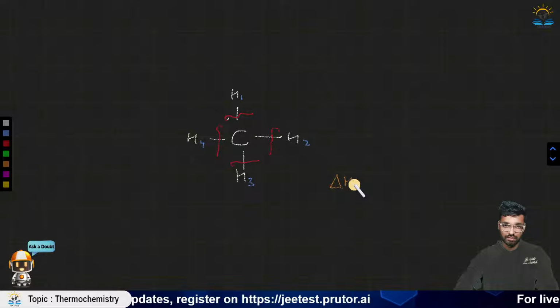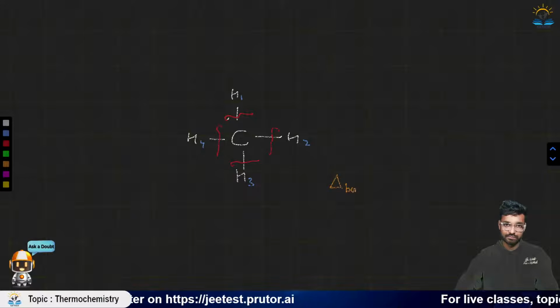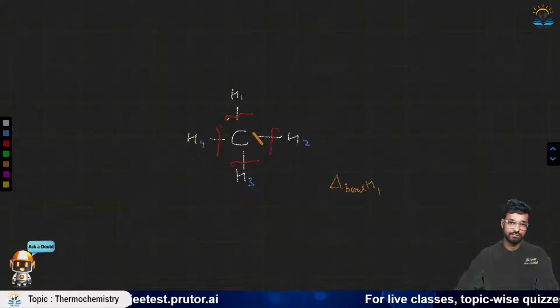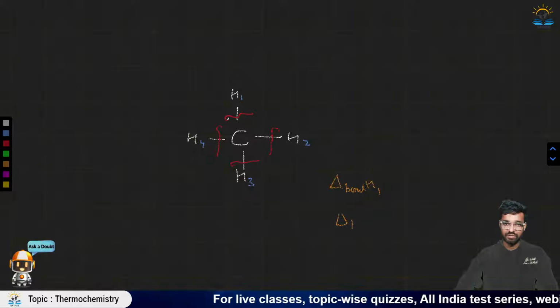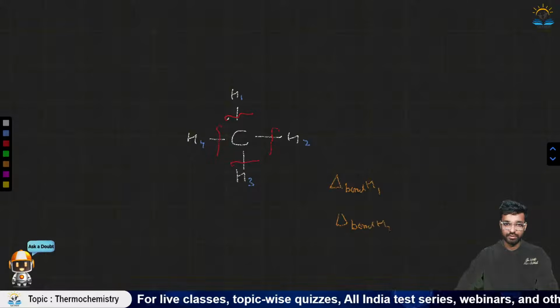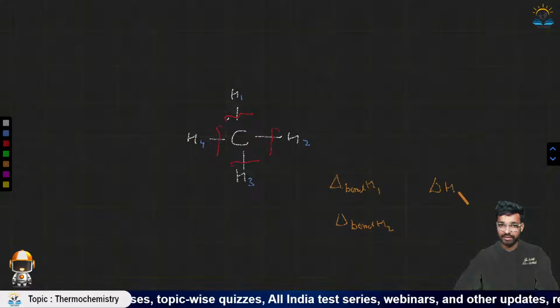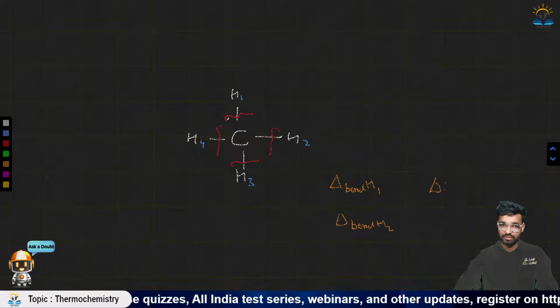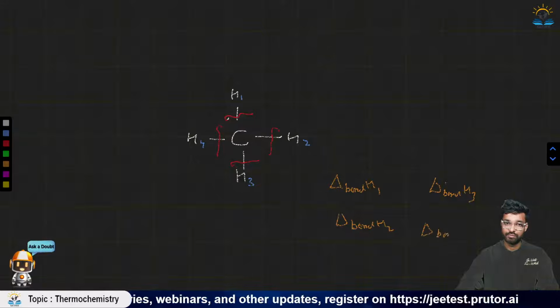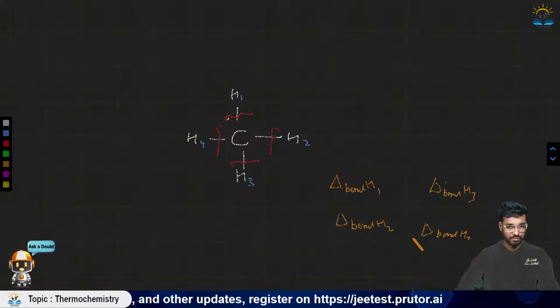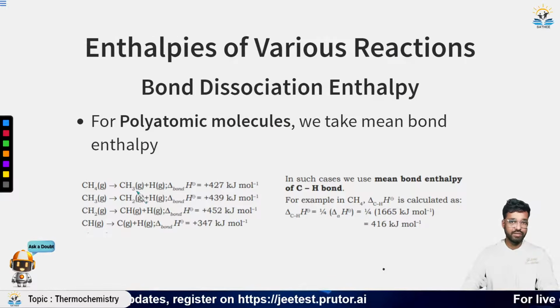So it will be simply delta bond H1, for this H1. Now we have different ones, that is bond H2, bond H3 and bond H4. The same thing is written here also.